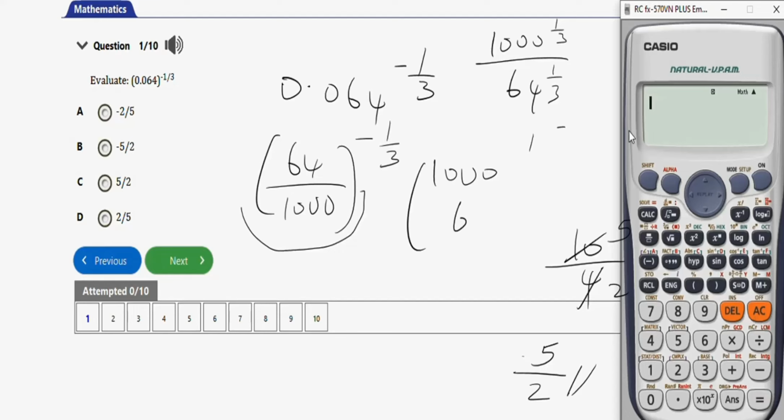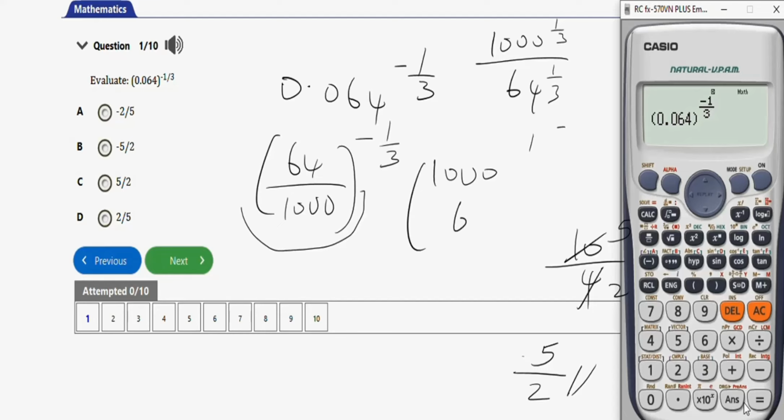Okay, now if you want to solve this with the calculator, let's reset this calculator, guys. Very important. To reset, press shift button 9, follow instructions, press 3, press equal to, and press equal to again. So right now the question we have is 0.064 close the bracket to the power, make use of this fraction, the power is in fraction, minus 1/3.